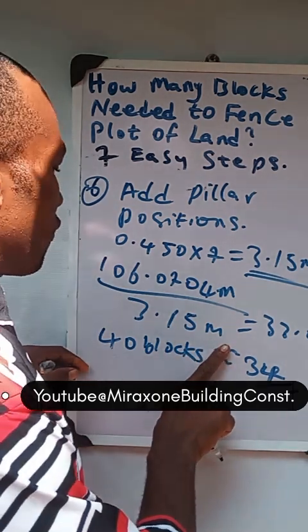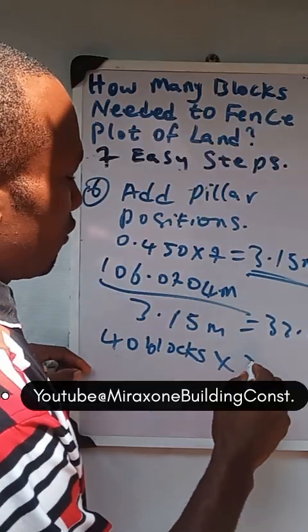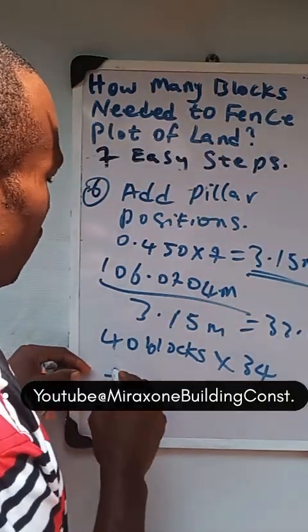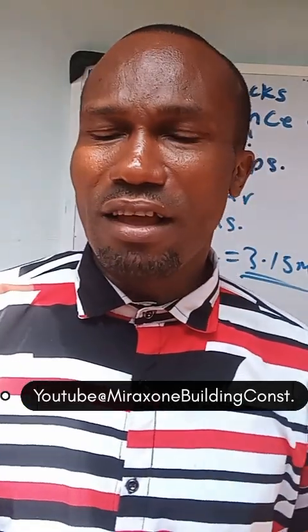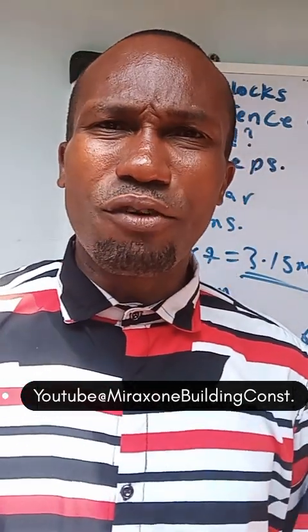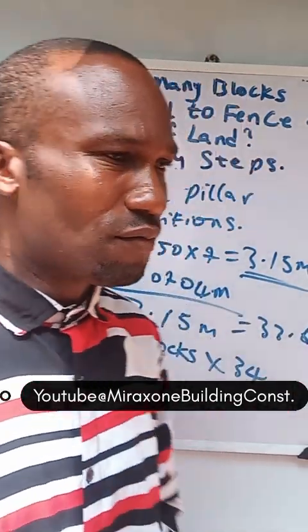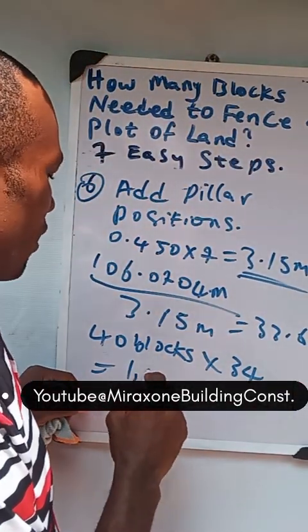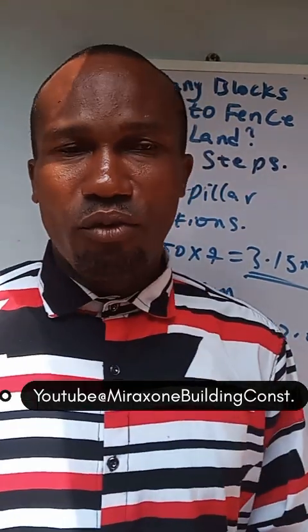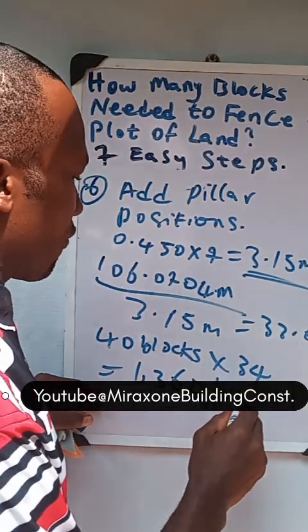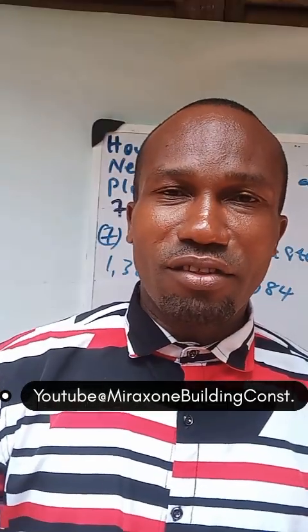So 40 blocks times 34. Pay attention very well. What do we get? I want you to cross check it as well. It equals 1,360 blocks. So that is it.